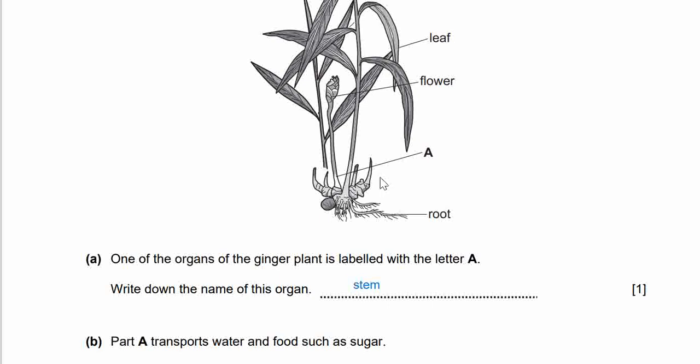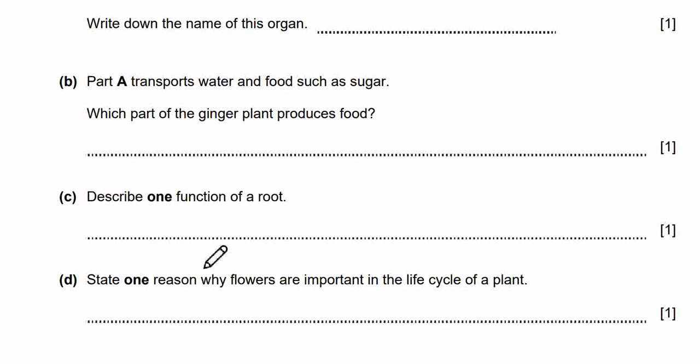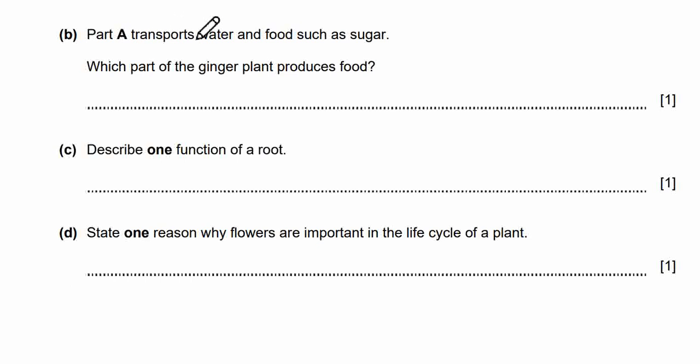Okay, we have typed down stem because the function of the stem is to transport water and food such as sugar. Next will be: part A transports water and food such as sugar.